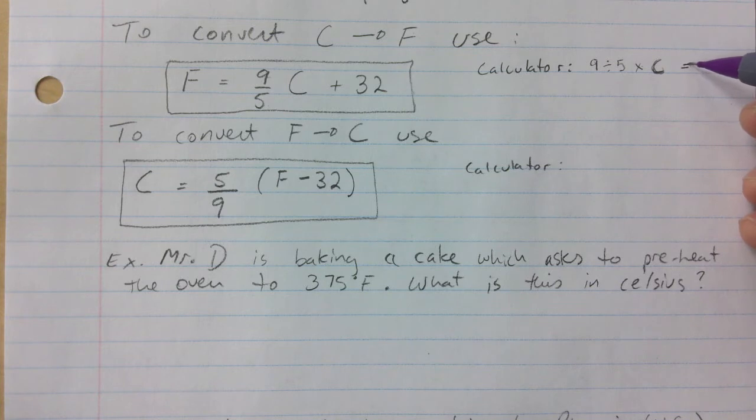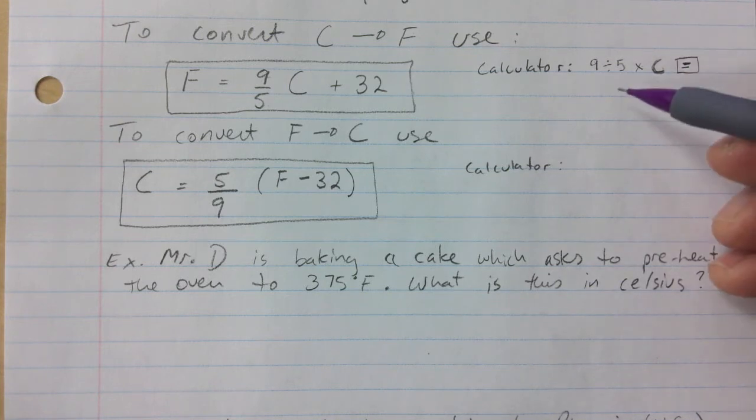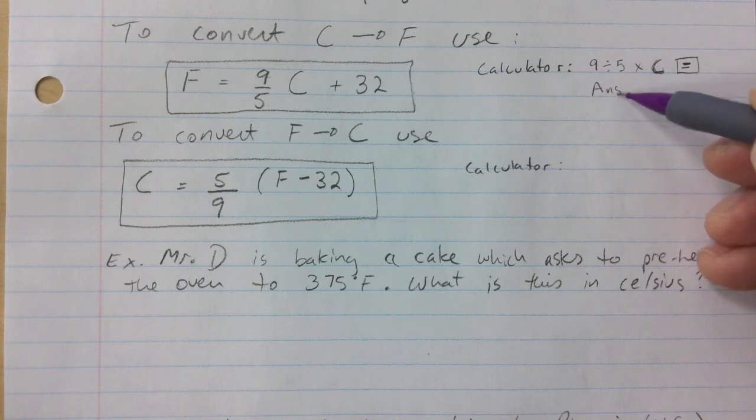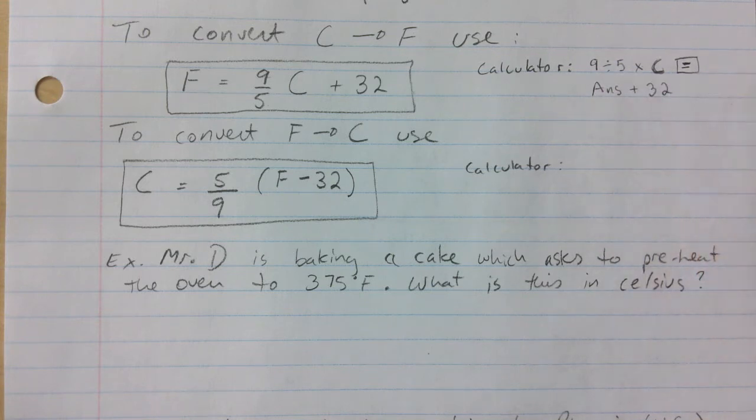Press the equal button, and then you take your answer and you add 32 to it. That's how I would do it if I were you. And I'll show you that in a bit.